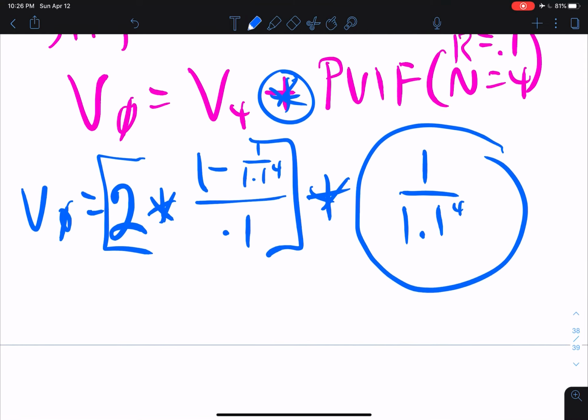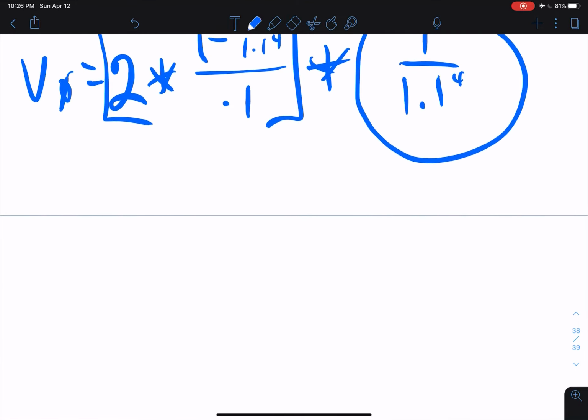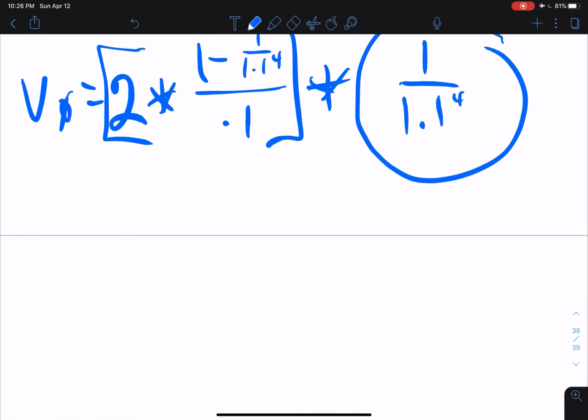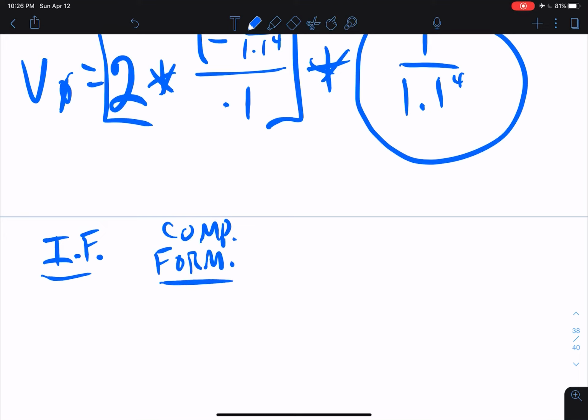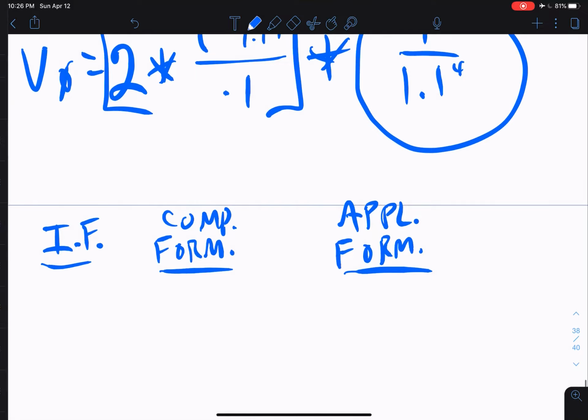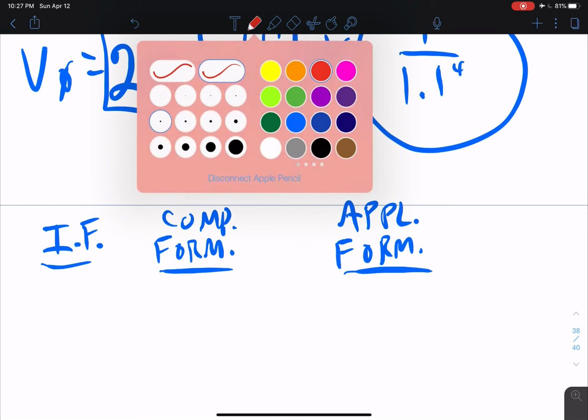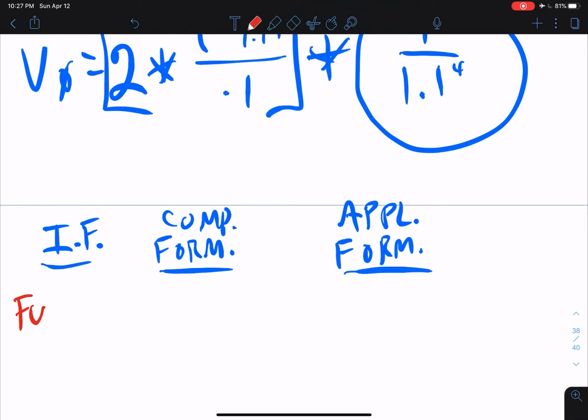At this point, let me just summarize via a little table what we've learned so far. I'll make a little table here. IF stands for interest factor, and then I'll have computational formula, and then I'll have application formula. Okay. So let's see what we got. Interest factor. The first one we did was, do these in red, future value interest factor.